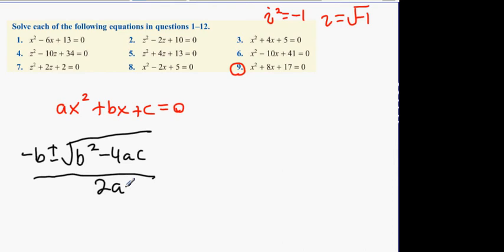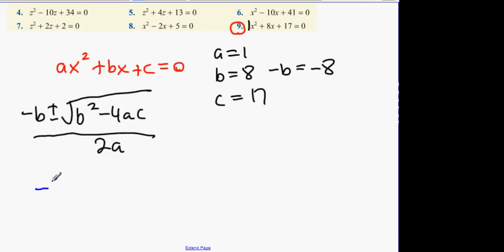Just new stuff here. Now, what number comes in front of the x squared? 1. a is 1. The b is 8. Minus b, therefore, is minus 8. c, 17. Plug them all into the formula as you would before.